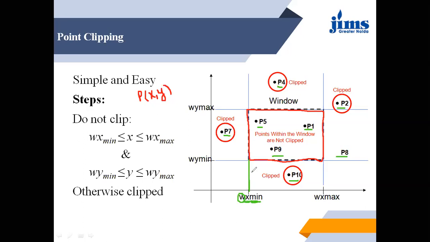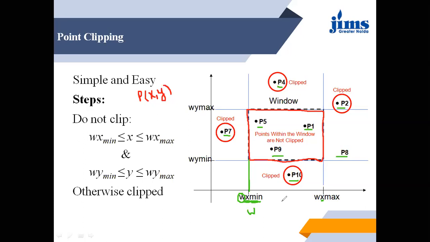So this is W min. W represents window, the coordinate of the window on the x-axis. It represents that we are taking the x-axis in consideration.